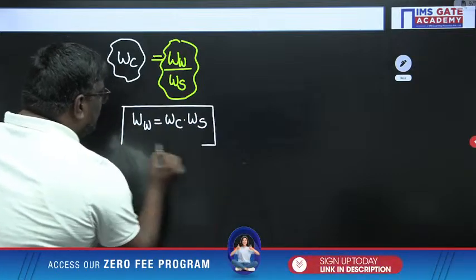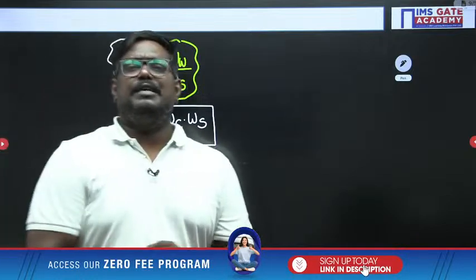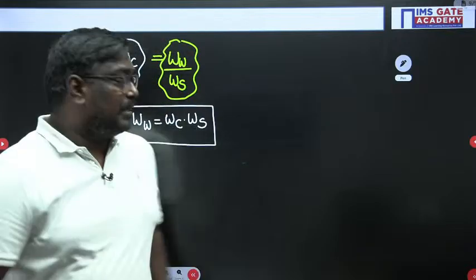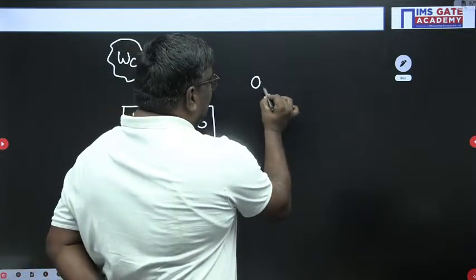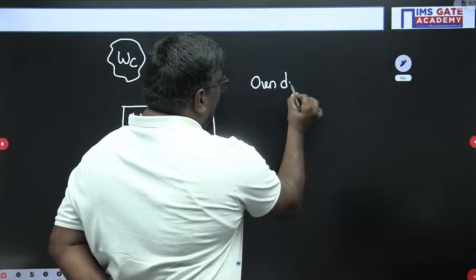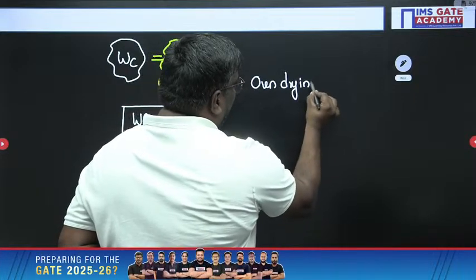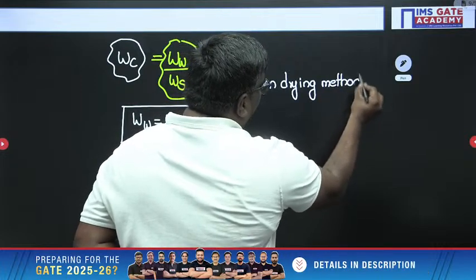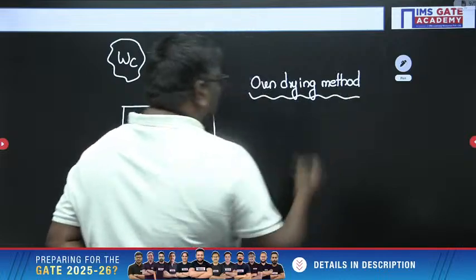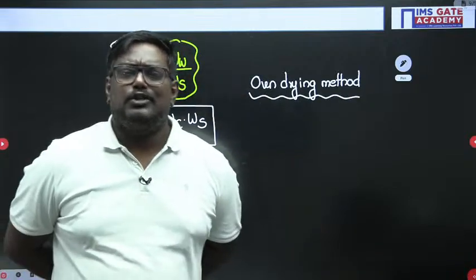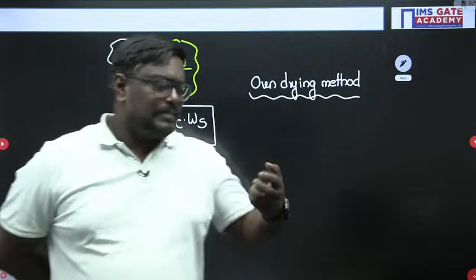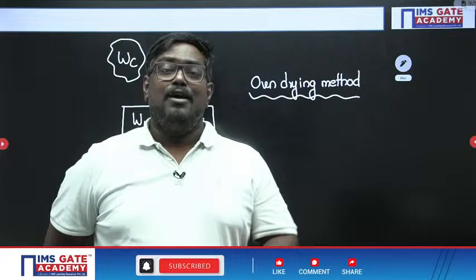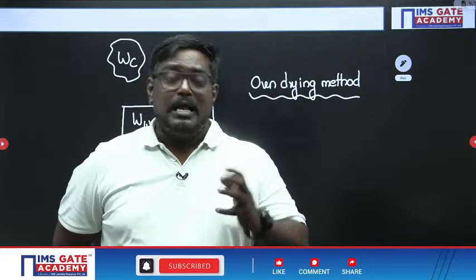How do you determine water content? We have various methods, but the most accurate method is the oven drying method. Usually the soil is kept in an oven at a temperature of 105 to 110 degrees for 24 hours.